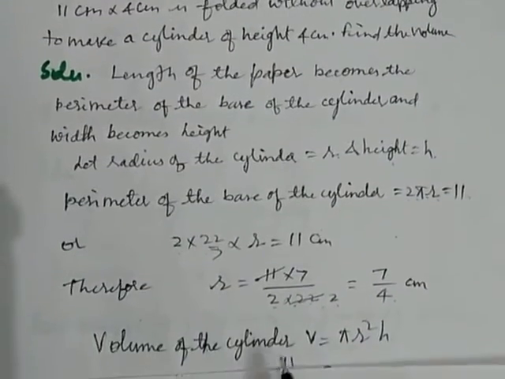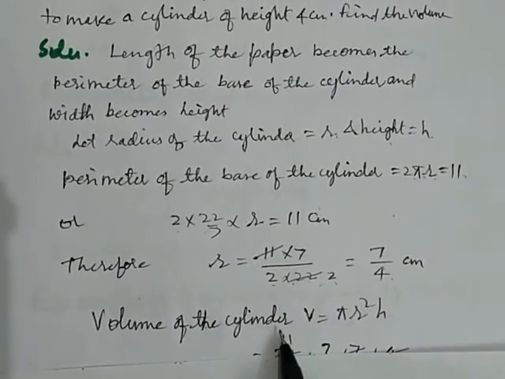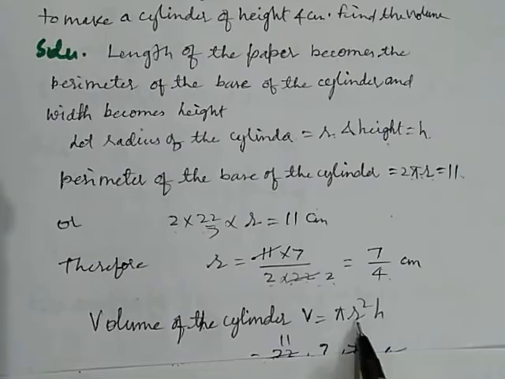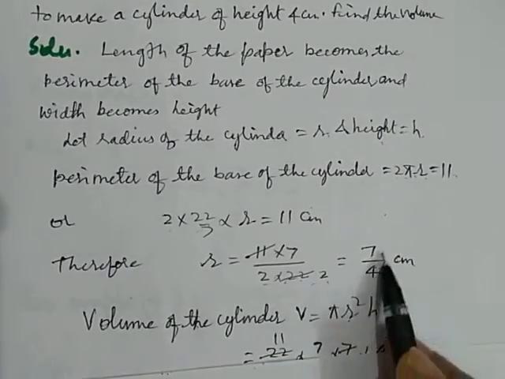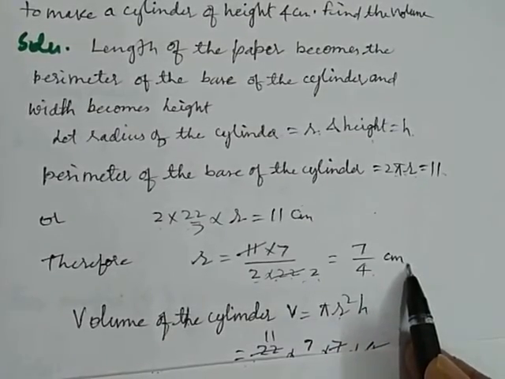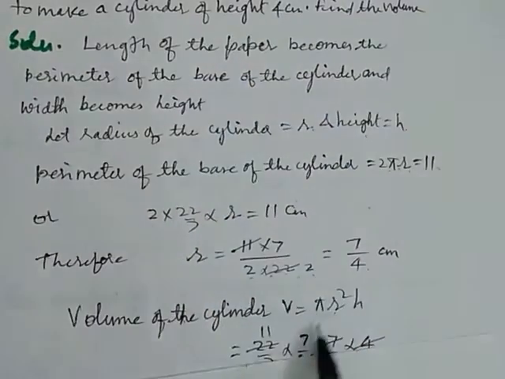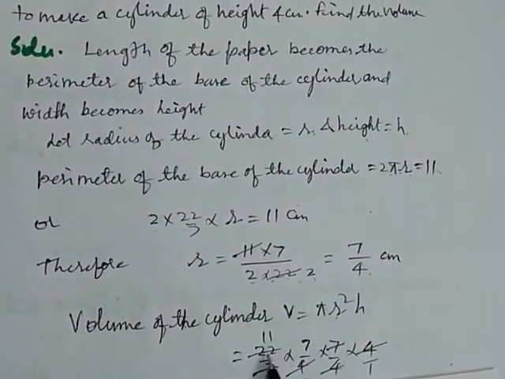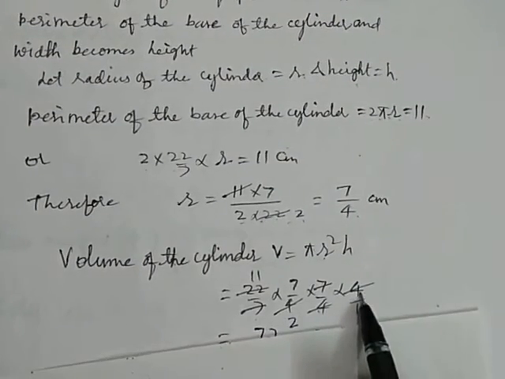So put the values in the formula. Volume of the cylinder V is given by pi r square h, and here is the value of r, 7 by 4 centimeter, and h, the height, is 4 centimeter. So put the values: pi 22 by 7, r 7 by 4 two times, and this 4 is h.